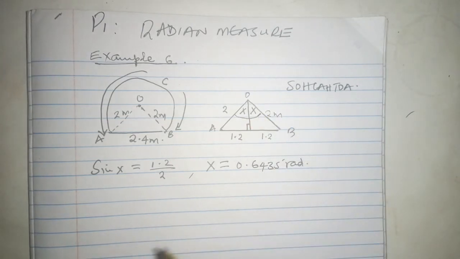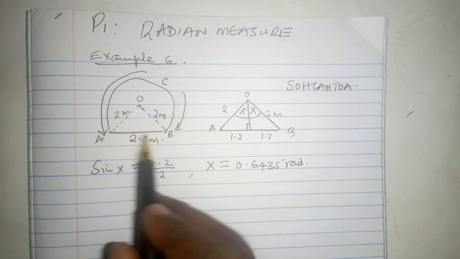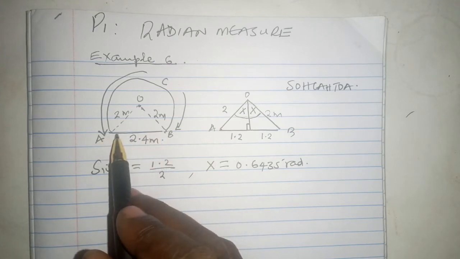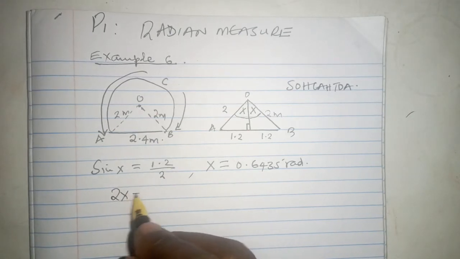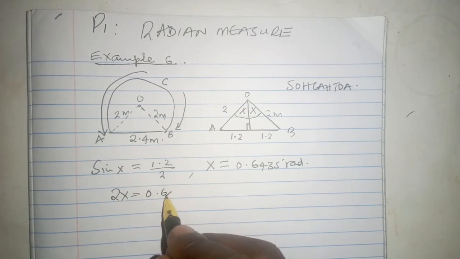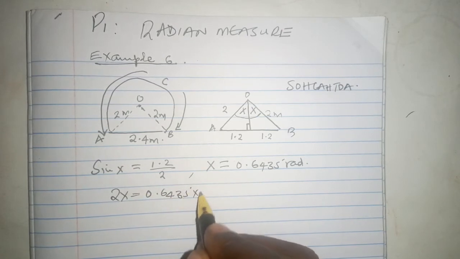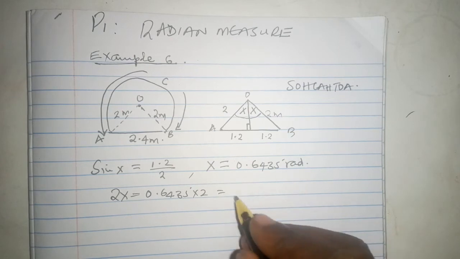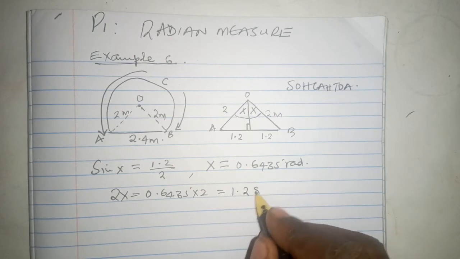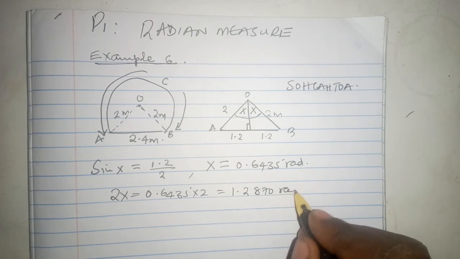So we are simply saying that the angle subtended by this straight line at the center of the circle is 2x, which is 0.6435 times 2, giving us 1.2870 radians.